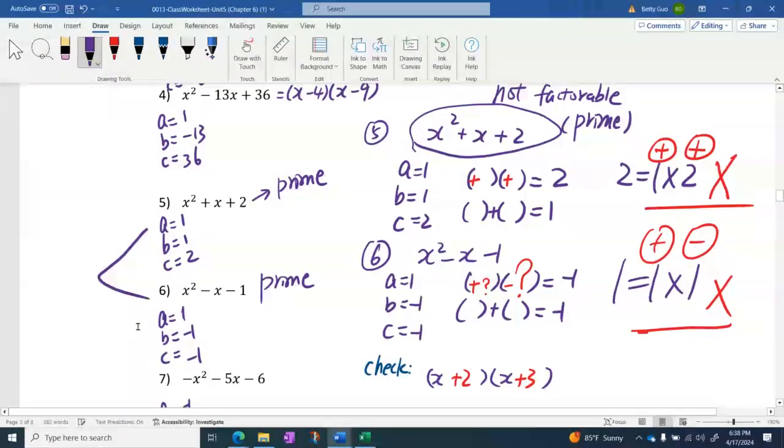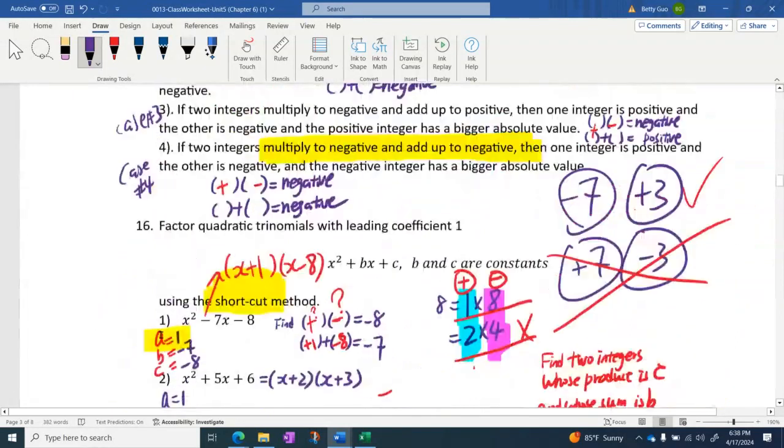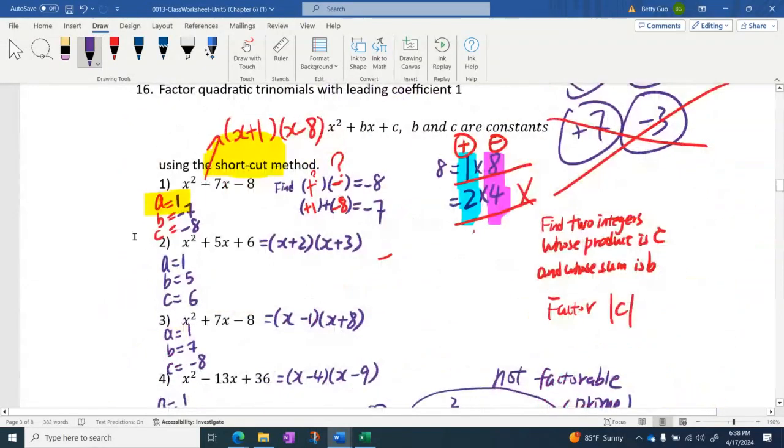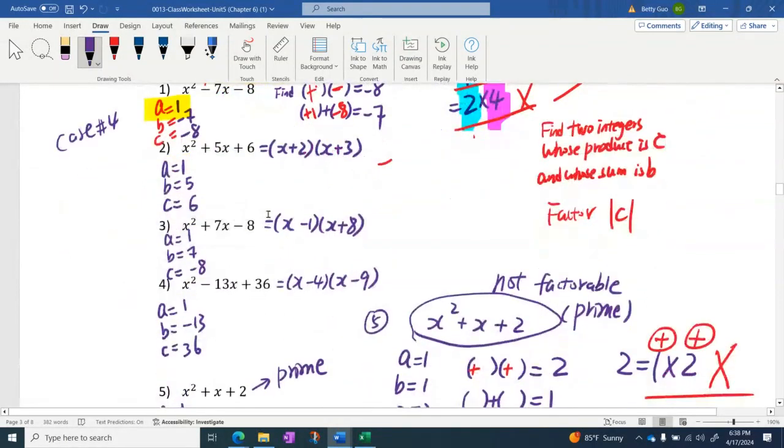Good job, guys. So far, we have seen this many cases, okay? Number 1, the two integers we are looking for multiply to negative, add up to negative. I think that is case number 4. And question number 2, the two numbers multiply to positive, add up to positive, so case number 1. The four conclusions we will know on Monday.